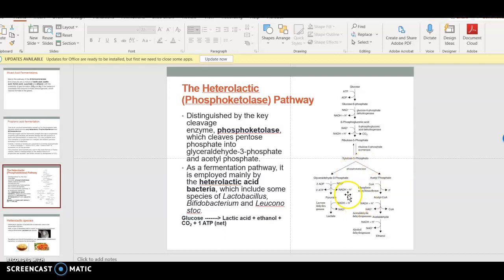It's a different name, and eventually they will also still produce pyruvate, okay, and produce lactic acid. But in the other pathway, or the other set of reactions, they produce ethanol without the formation of the pyruvate, but they produce the acetyl-CoA first, okay, and produce acetaldehyde and eventually ethanol.